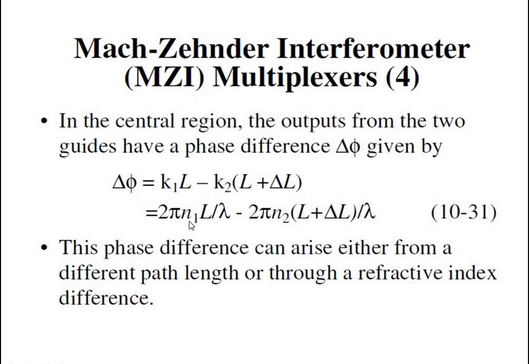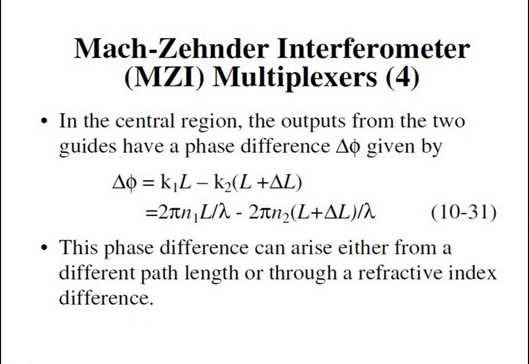Here n1 and n2 represent the refractive indices. So this phase difference can either arise from a different path length or through a refractive index difference.